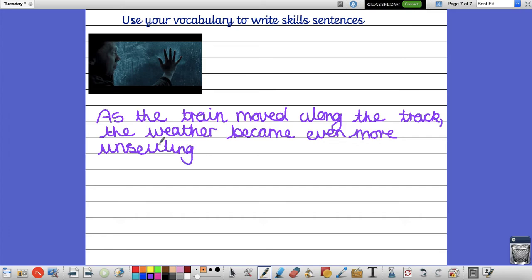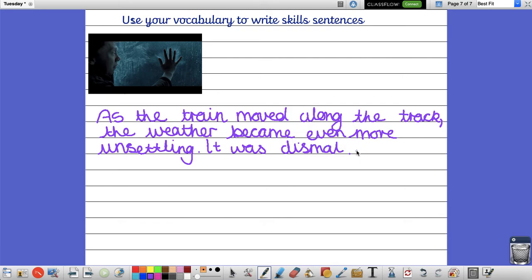Okay, that means that the weather was already bad, but it grew even worse. Full stop. Okay, and I'm going to use a short sentence now. I'm going to put it was dismal. Full stop. So a short sentence. I've got now a complex sentence and I've got a short sentence as well. Okay, so it was dismal.